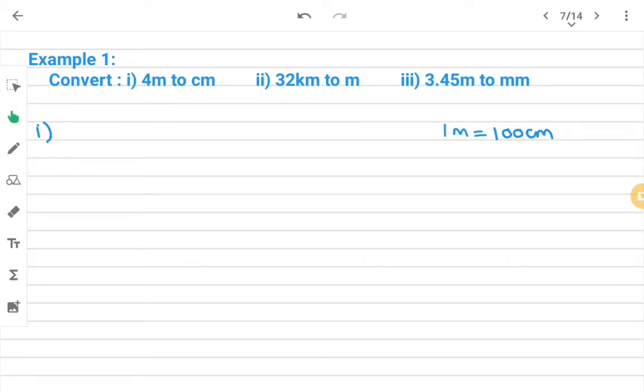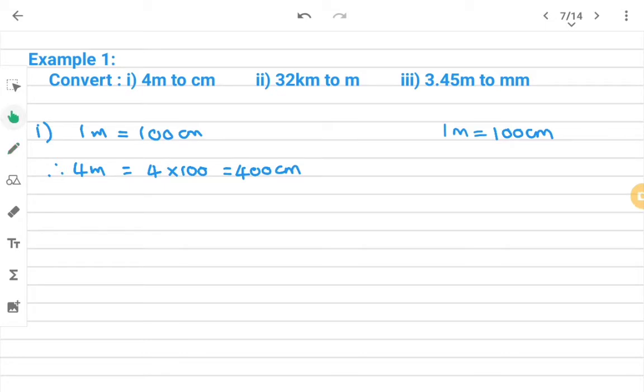We know 1 meter is equal to 100 centimeter. Therefore, 4 meter is equal to 4 into 100, that is equal to 400 centimeter.